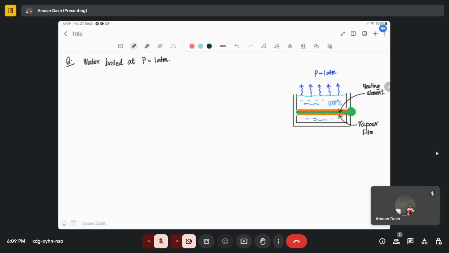So let me tell the question. Water is boiled at atmospheric pressure by a horizontal polished copper heating element. So this is horizontal.